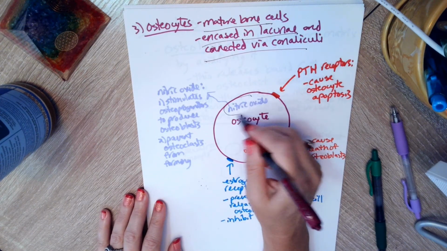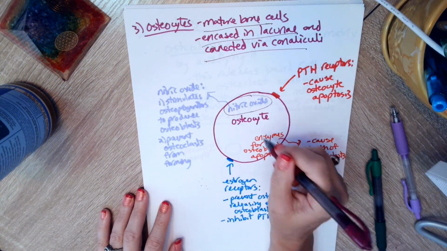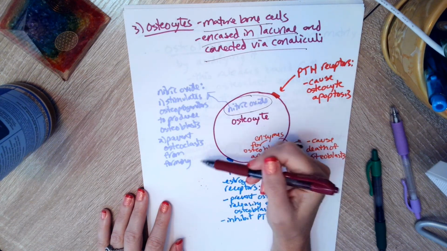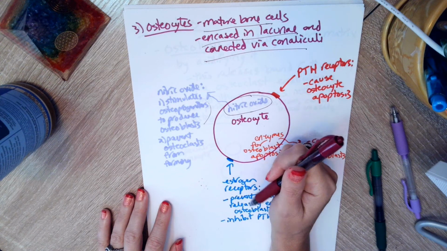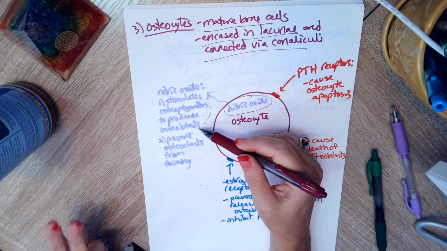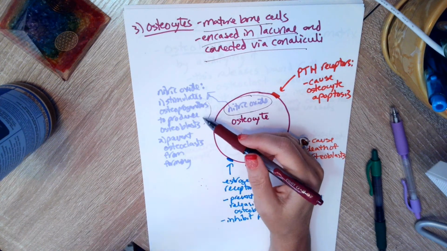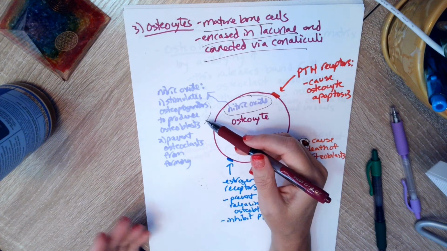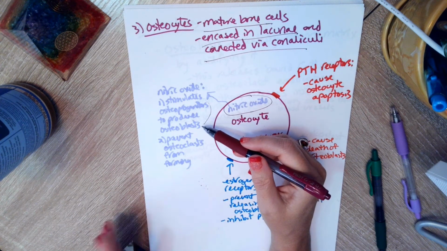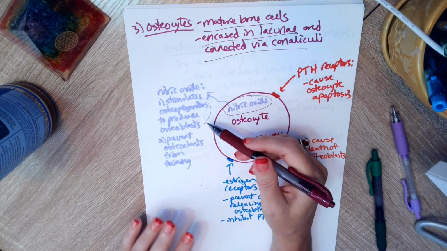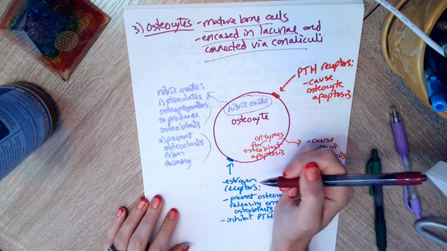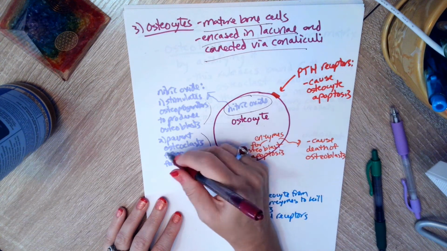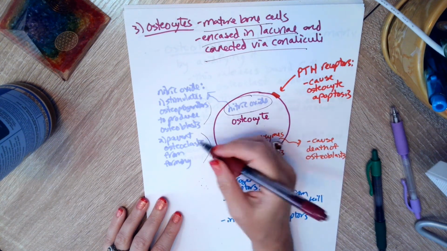So first, the osteocyte can secrete nitric oxide. And nitric oxide does a couple of things. First, it stimulates the osteoprogenitors into differentiating into osteoblasts, so causing those osteoprogenitors to start the process to build osteoblasts, which will then make matrix and then turn into more osteocytes. Now, another thing that nitric oxide can do is it will stop osteoclasts from forming.